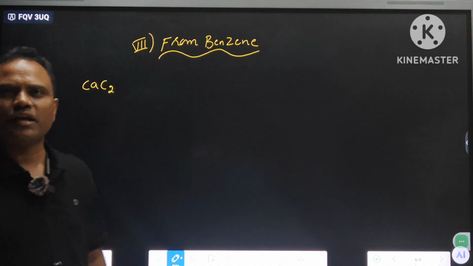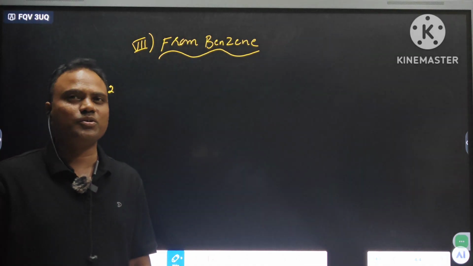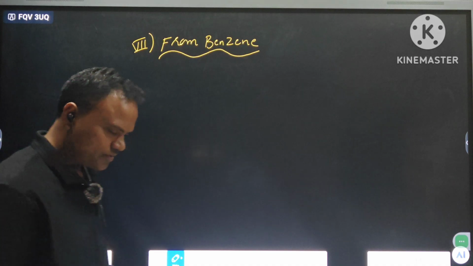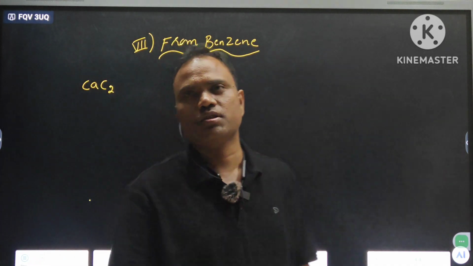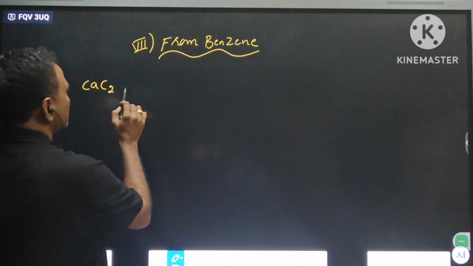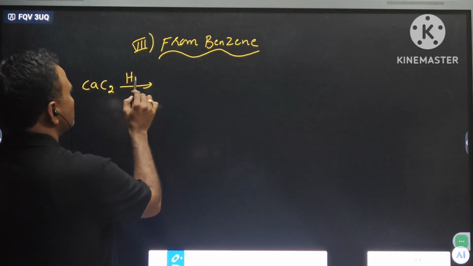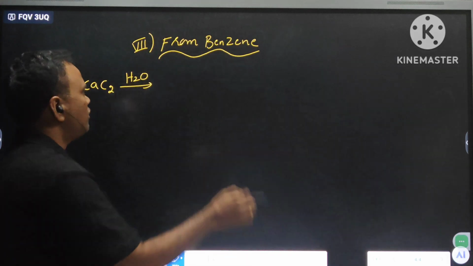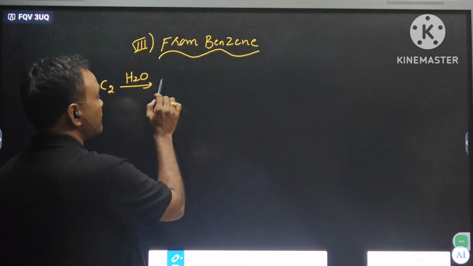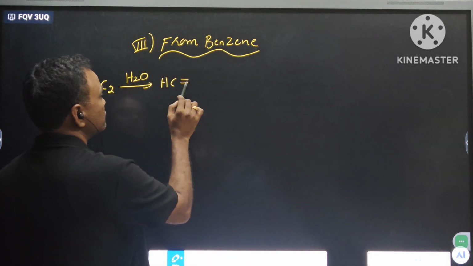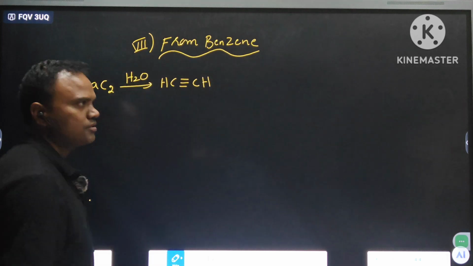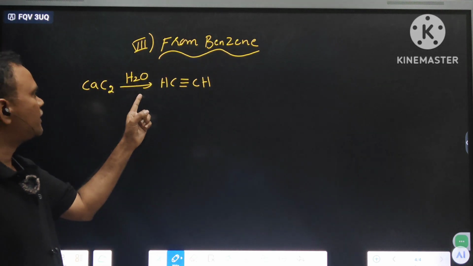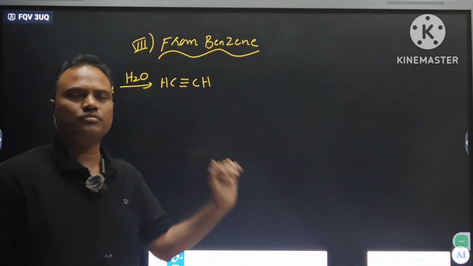CaC2. Calcium carbide. You know how to prepare acetylene. Acetylene for first year, first year alkynes. Calcium carbide when subjected to hydrolysis, calcium carbide when added with water produces acetylene.